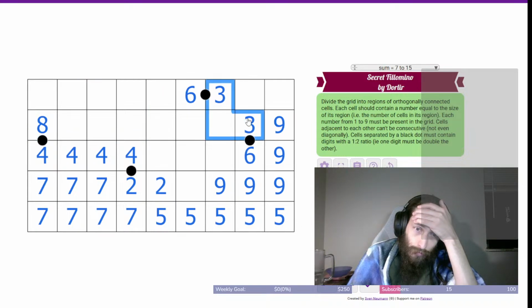But I'm not sure how the 3s work. I think the 1 is going to have to be up in the right-hand corner because it can't touch the 2. Yeah. Although it could go between the 8 and the 6.